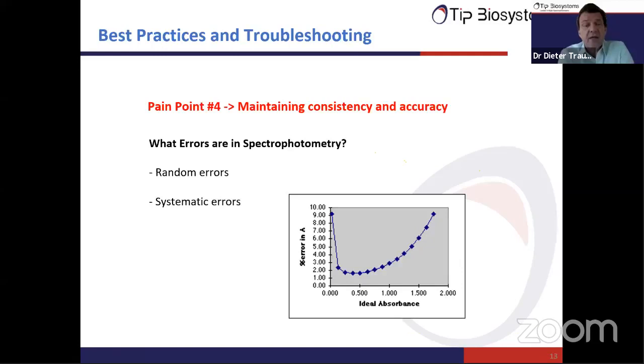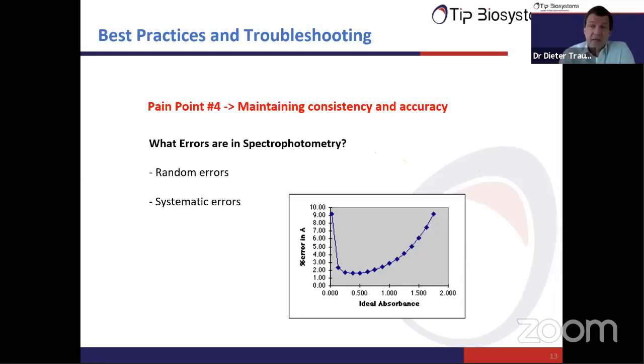Systematic errors mean there's actually a systematically wrong approach in your analytical method. For example, you have chosen the wrong wavelengths. So you may have an assay with a reagent, and if you have chosen the wrong wavelengths, then you would make a systematic error.